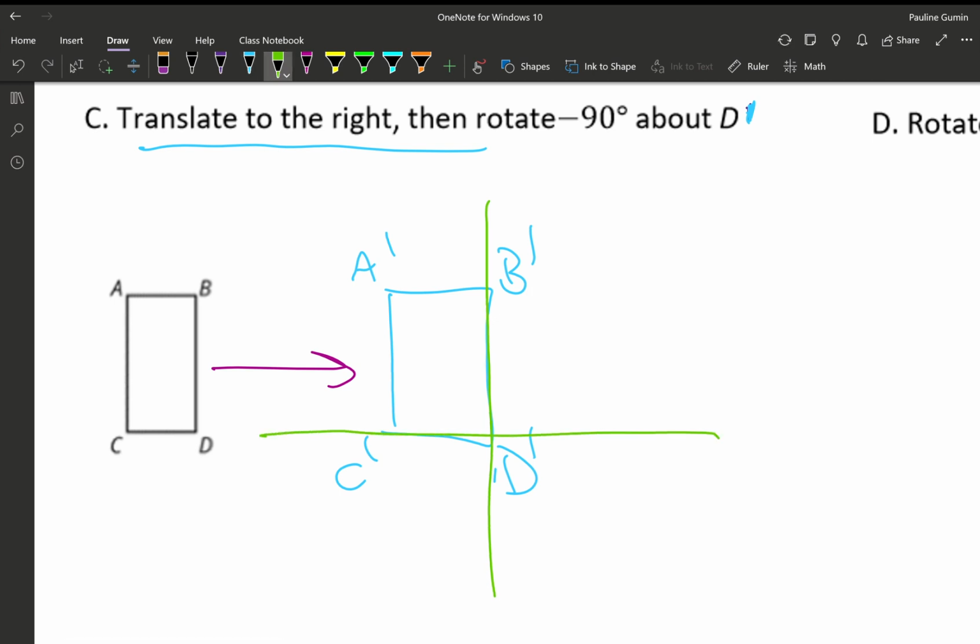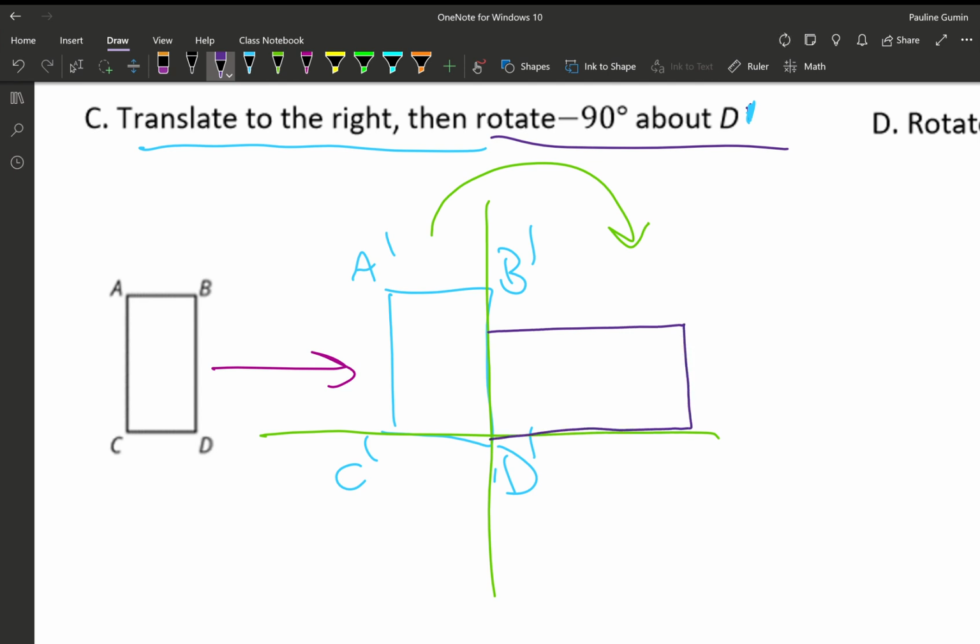Negative 90 means we're going clockwise. Let's draw our picture. So we will end up with a rectangle right there where we have D double prime here, C double, A double, B double.